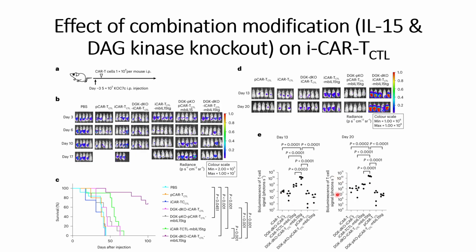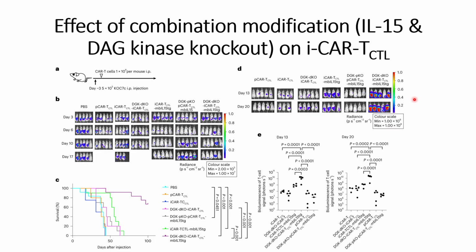Now all together this indicates that the combined modification has a synergistic effect, as we can see in the upregulation of genes that have the benefit of both the individual modifications, and at the same time the overall effect in terms of tumor suppression and more persistence of the CAR-T cells has also improved.